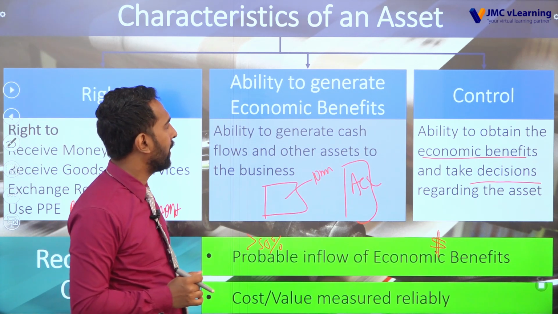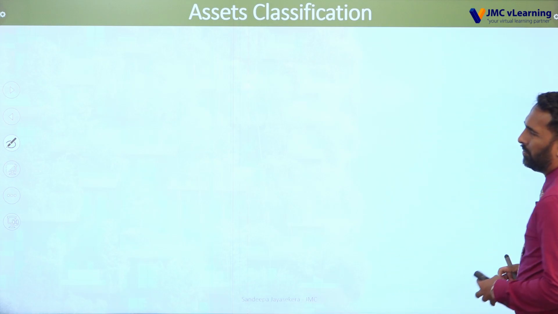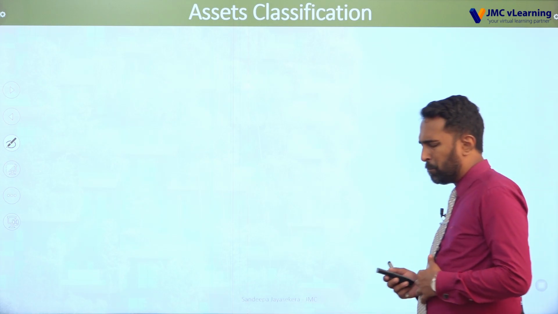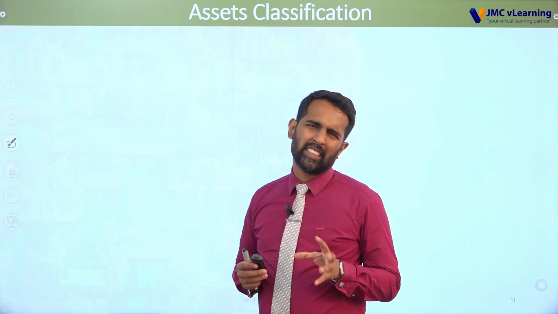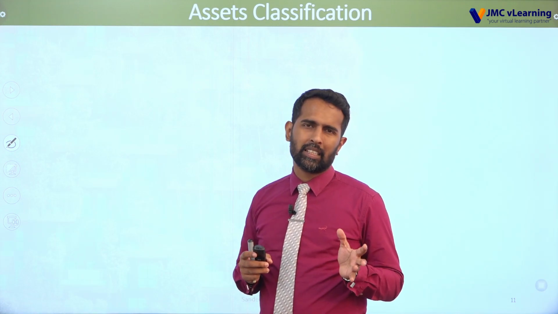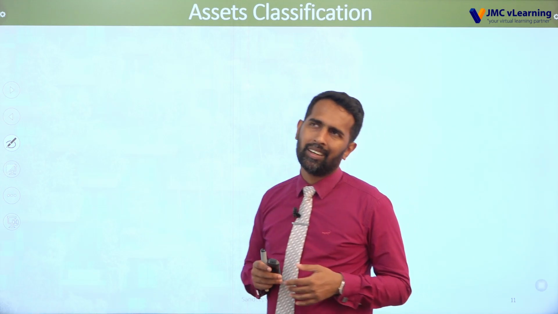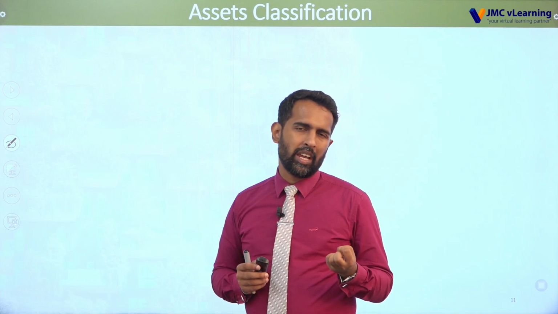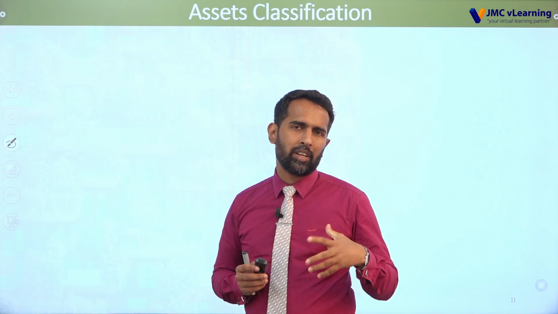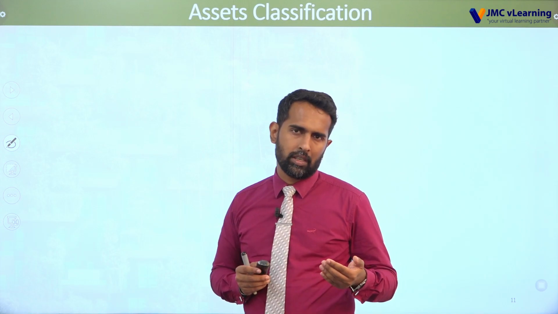Okay, right. Then the classification of the asset, Lamai. We learn this in the future as well. Basically, assets can be classified into two types as current and non-current. The meaning of this current and non-current is, current means any asset which can be realized. Realized means converted into cash within a period of 12 months, right?